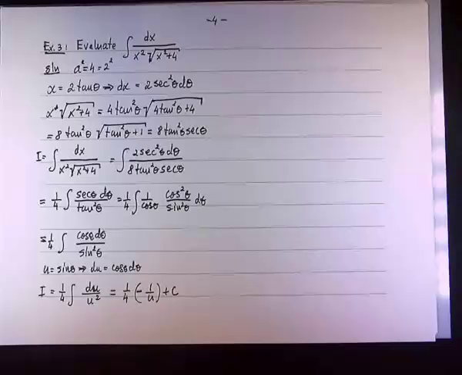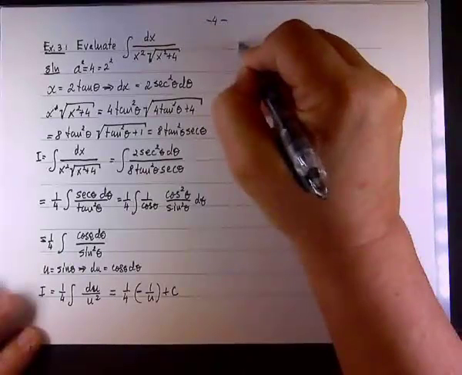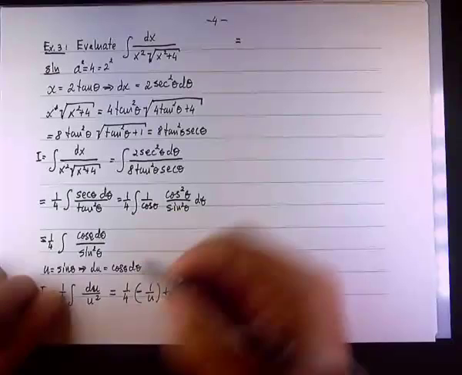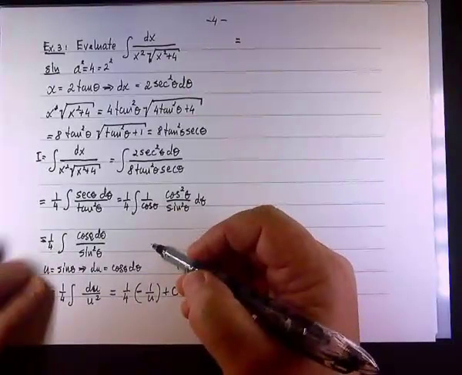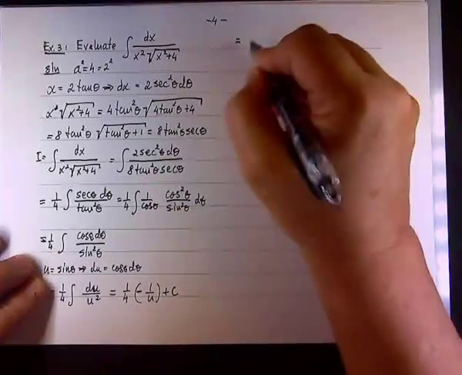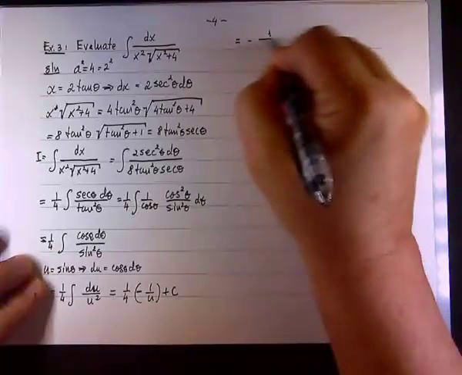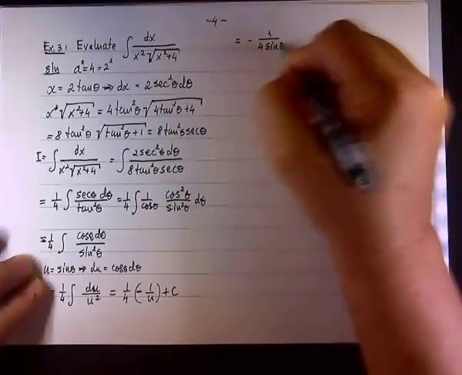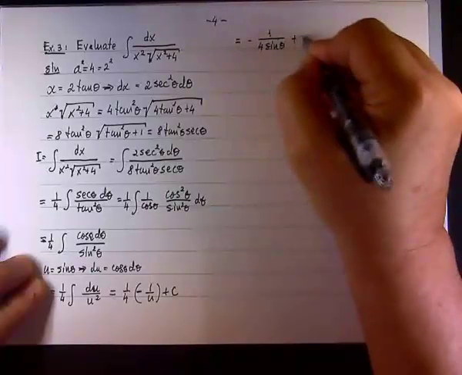Remember, at the end of the day, I need to come up with x. So first, in terms of u, u equals sine theta, so I'll have negative 1 over 4 sine theta plus c.